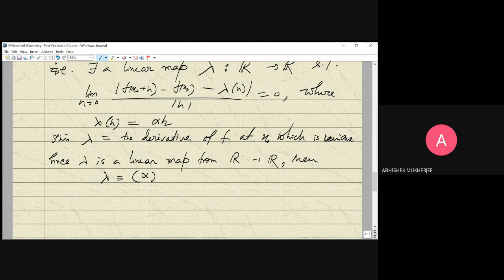And what will be the entries of this matrix? The partial derivatives. Okay. The partial derivatives of the component maps with respect to the possible variables. Okay. Fine.